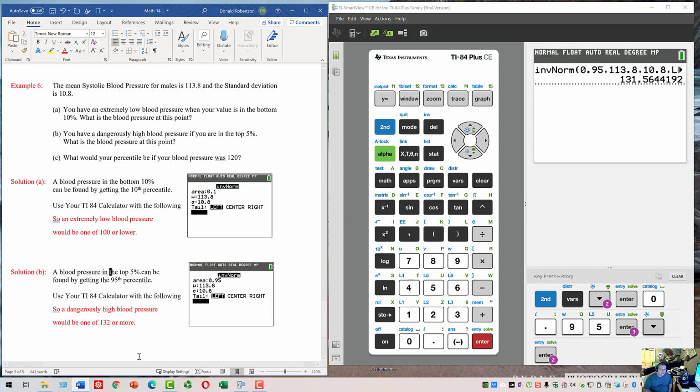But if you come up with some results that are really in the dangerous areas, the extremely high or the extremely low, then you're going to take much more interest in it. The doctor's going to say, okay, you've got something going wrong here. We've got to figure out what it is and then hopefully come up with a treatment.